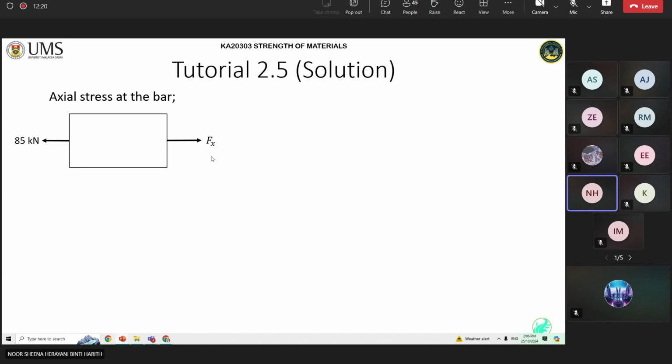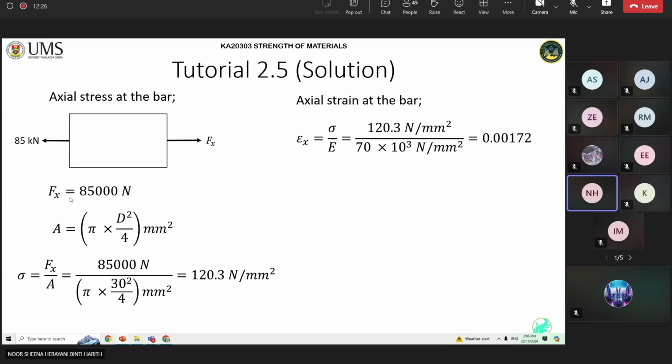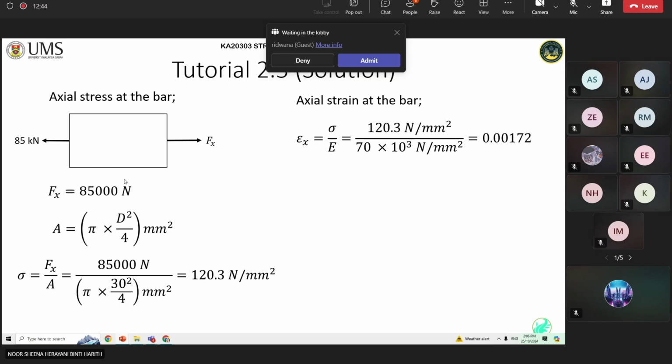Because it is in equilibrium, taking the right side as positive, Fx equals 85 kilonewton or 85,000 Newton.